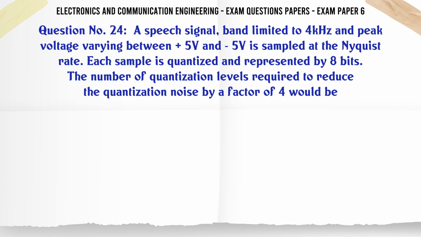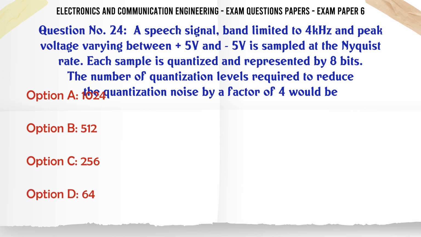A speech signal band limited to 4 kHz and peak voltage varying between +5V and -5V is sampled at the Nyquist rate. Each sample is quantized and represented by 8 bits.